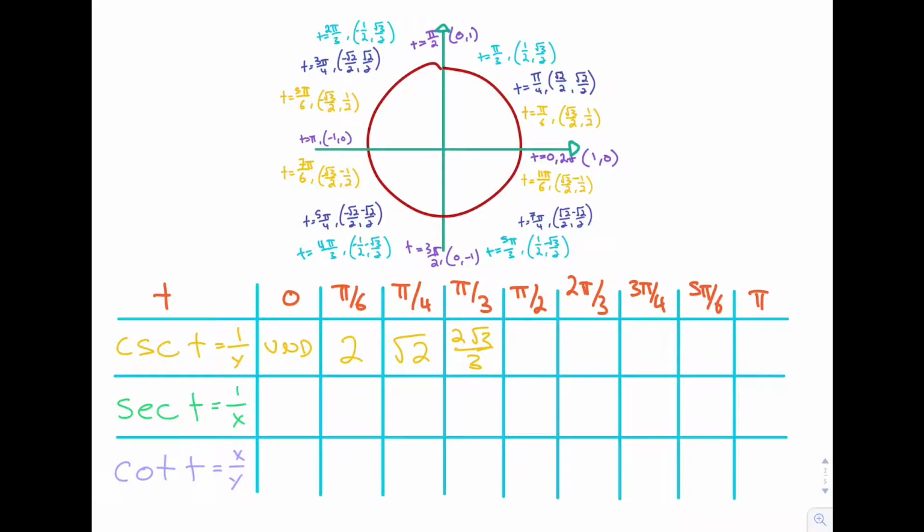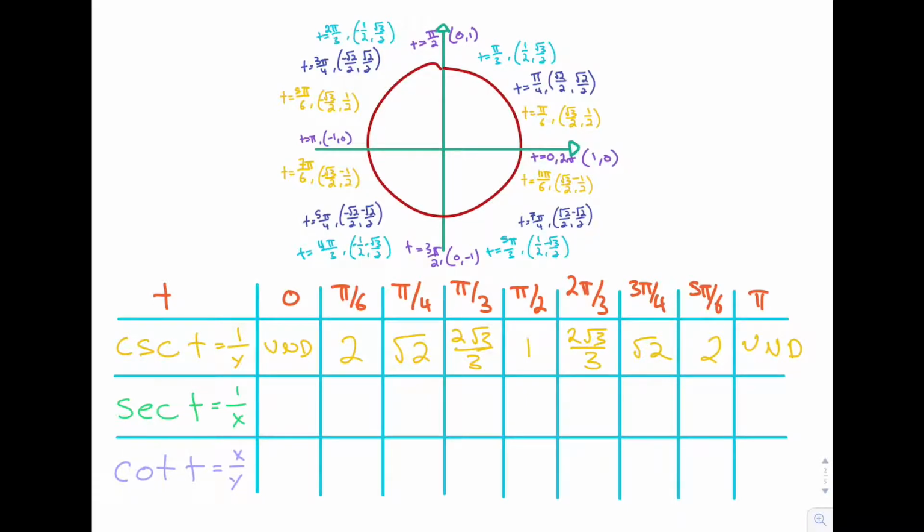Cosecant of pi over 2 gives us just 1. And now I think we'll start going in the opposite direction. We'll start getting bigger again after pi over 2. So we'll hit 2 root 3 over 3 for 2 pi over 3. Then we'll hit root 2, 2, and once we hit pi again, we're undefined.